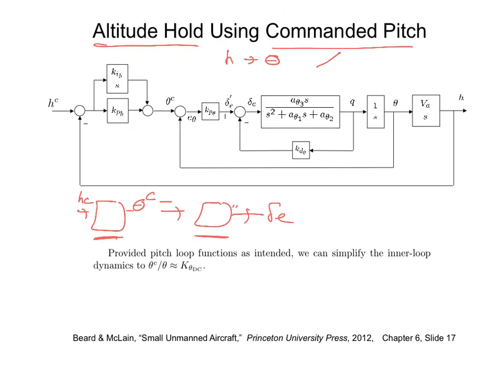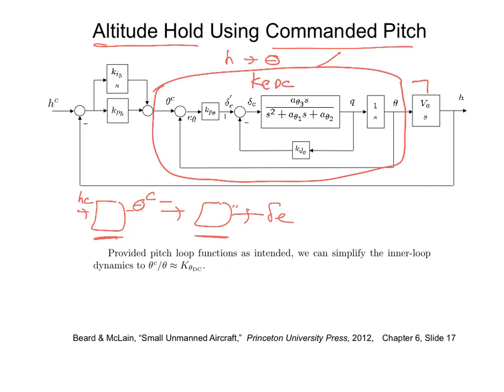If you see, this is the inner loop. Since this theta is going to this, the whole thing can be replaced by K theta DC for the outer loop construction. In the outer loop we are using a PI controller.